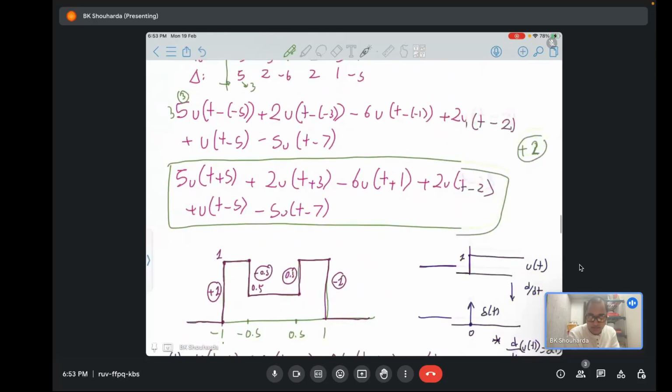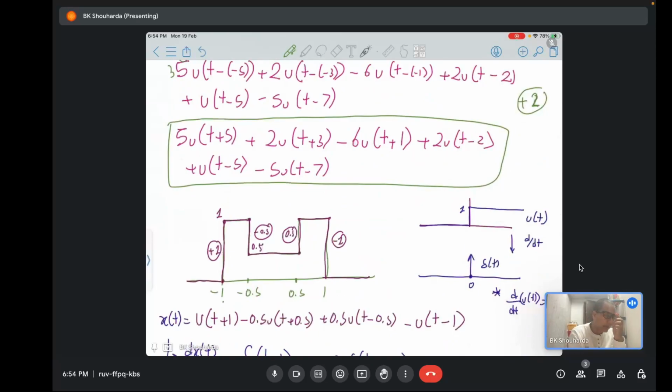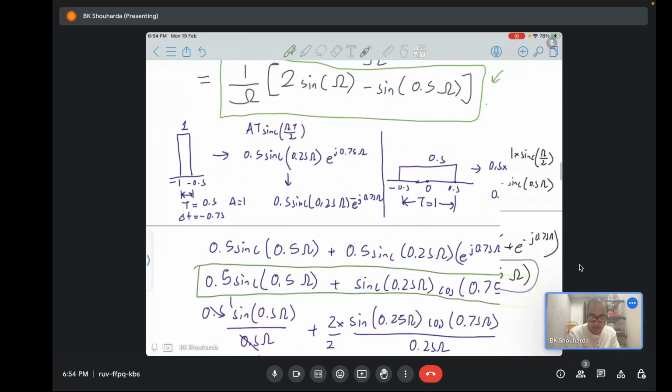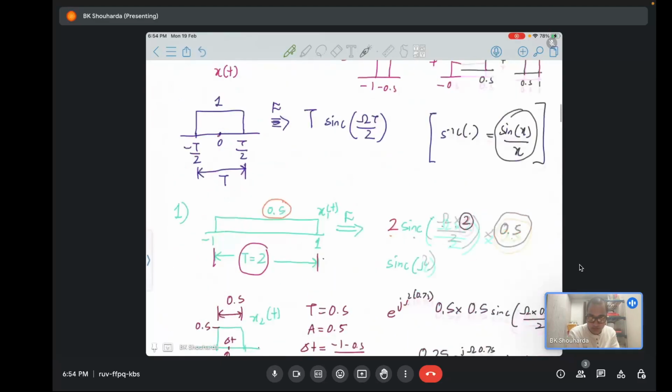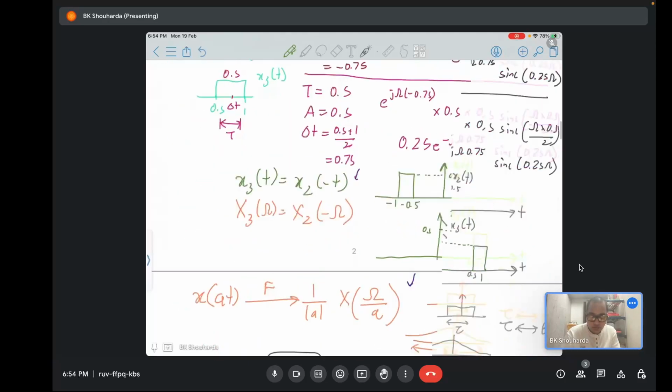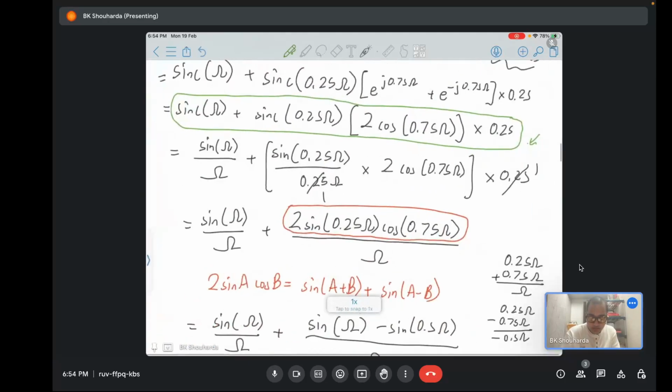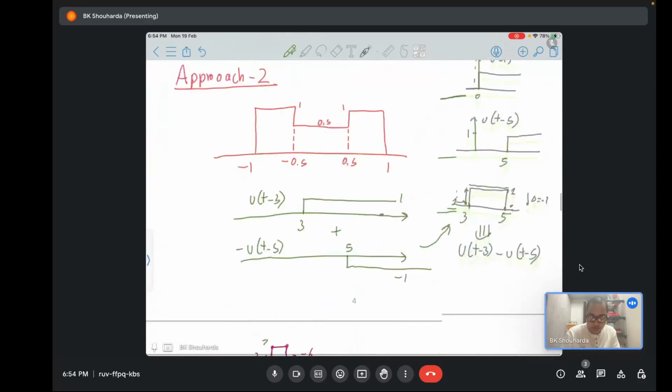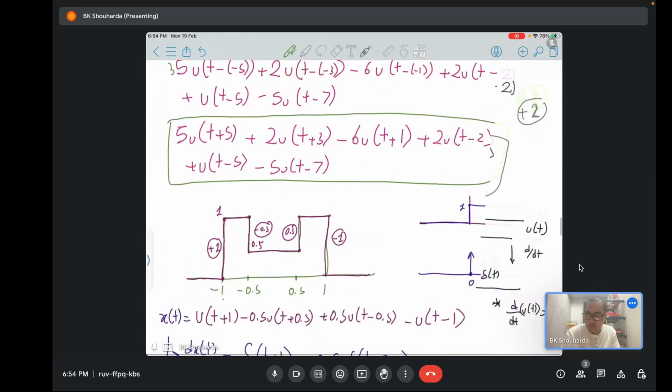If you have signals which you can write in terms of the unit step function, that would be much better compared to the rectangular function approach, because you may often forget the Fourier transform of the rectangular pulse. Although you shouldn't, I would personally prefer the second approach.